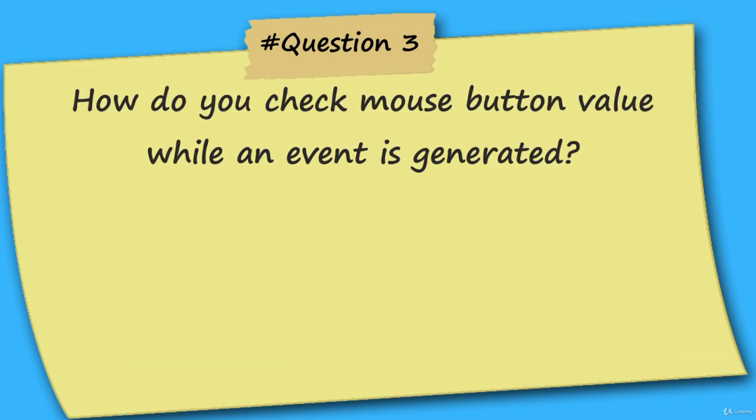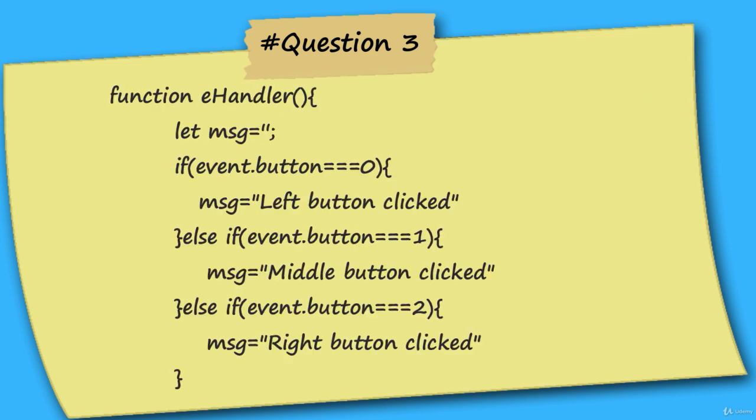The third question is, how do you check the mouse button value while an event is generated? So it's about checking which mouse button is pressed. We have the button property. We wrote this code to check whether the right, left or middle button is pressed or not. So event.button can be used to check the mouse button value.